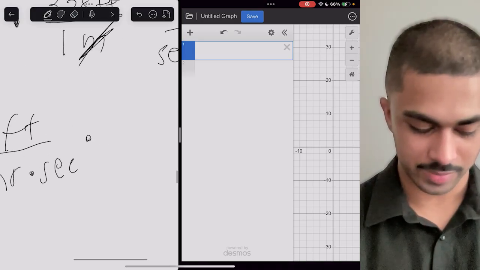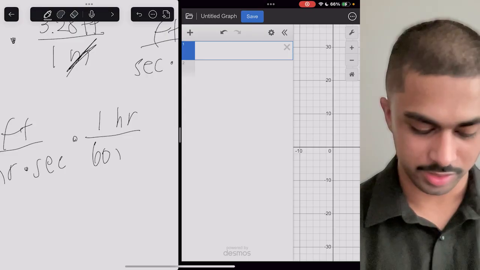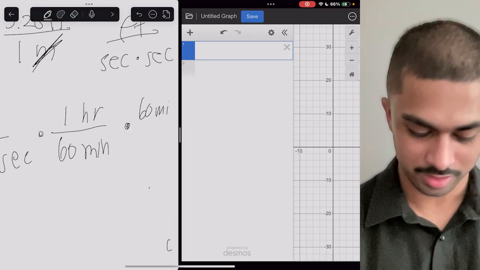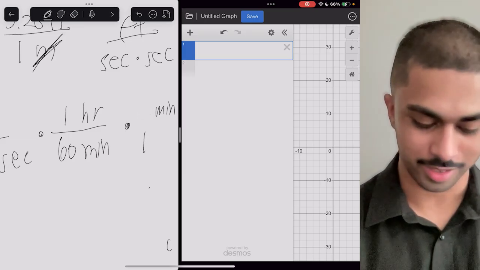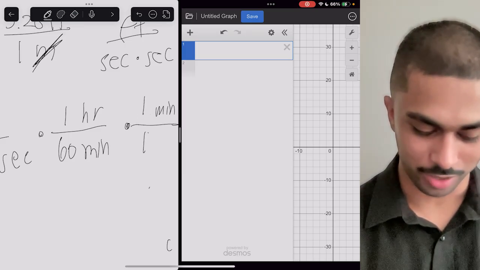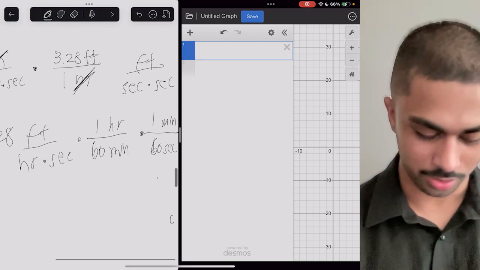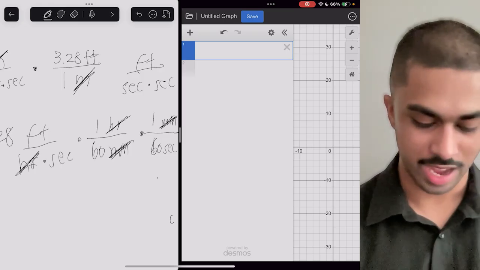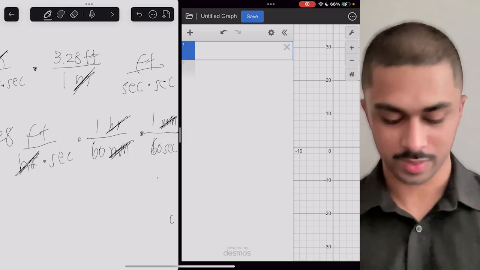How we do that is we multiply 1 hour over 60 minutes, and then, wait, no, 1 minute over 60 seconds. What this will do is cross out the minutes and the hours, and you're only left with this last seconds here.